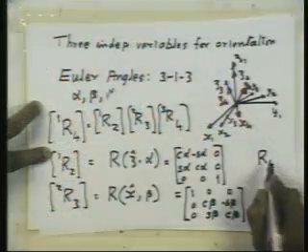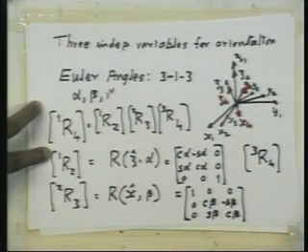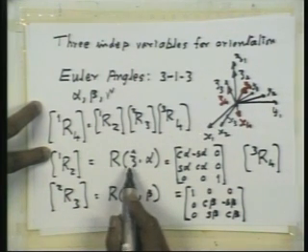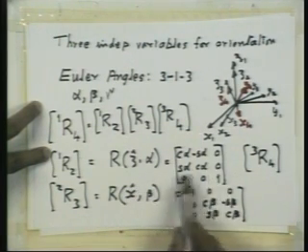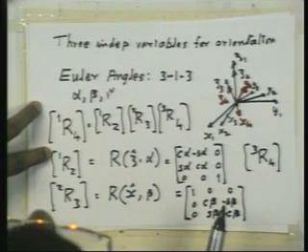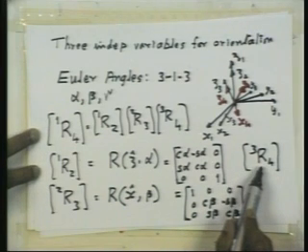Now what about R4 with respect to 3? It is the same as rotation about z cap by amount gamma. So substitute in this matrix alpha by gamma, and you get the third rotation matrix. So multiply all of them together like this.